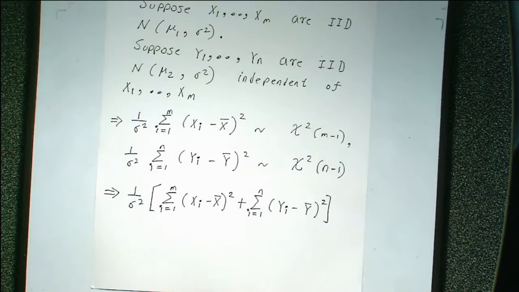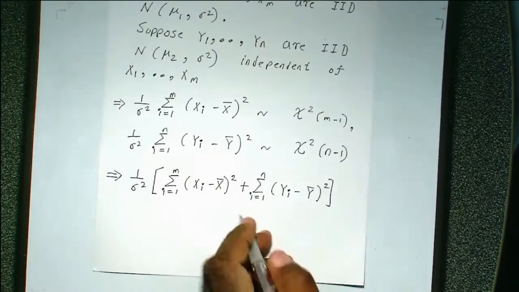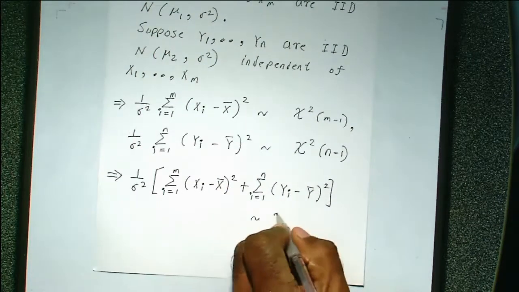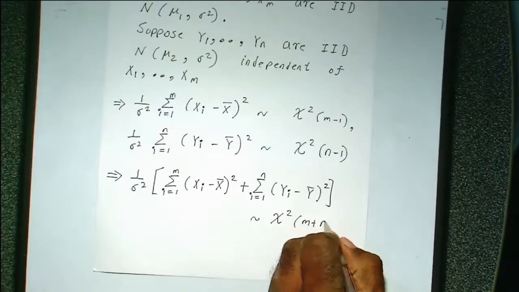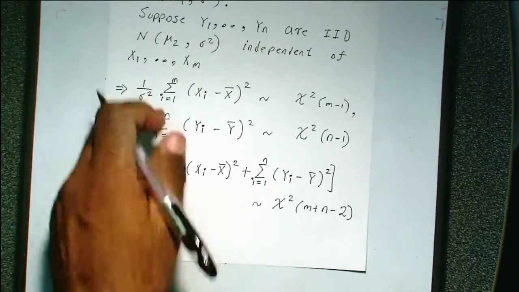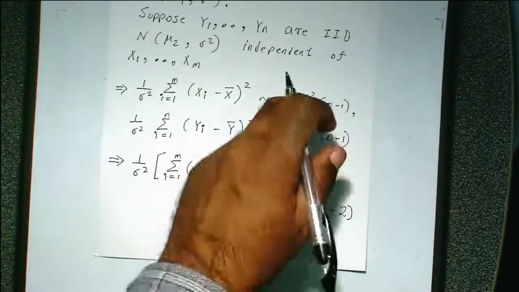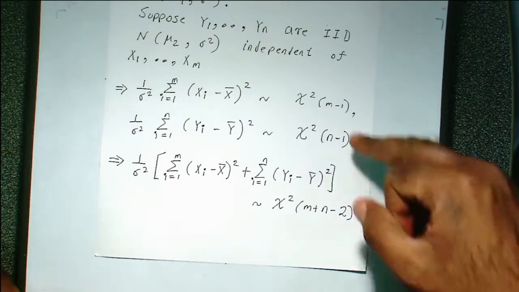If you look back in the notes for the chi-square distribution, you will see that because these two are independent and they are chi-square distributed, the sum of two independent chi-squared variables is also a chi-squared variable with the degrees of freedom summed.